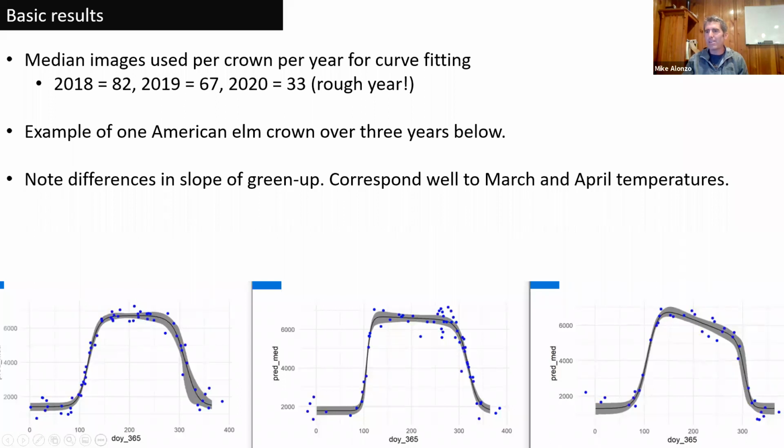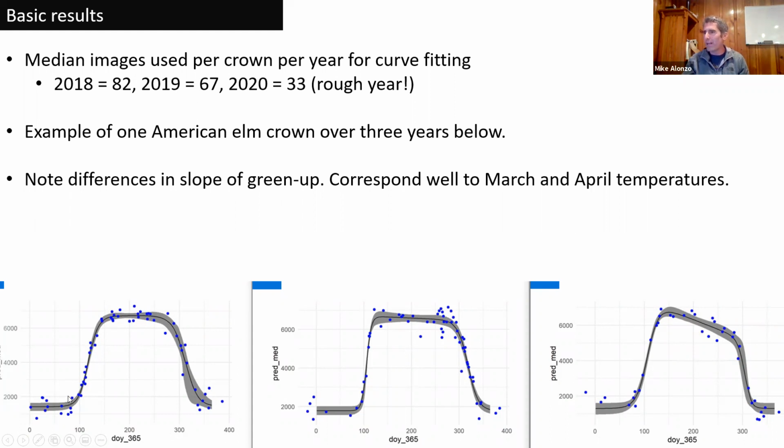You're seeing day of year on the x-axis and a measure of leafiness, NDVI. It's a vegetation index, but basically a leafiness index that shows you when start of season happens, around day of year 110 or so, end of season, and the changes between the years.